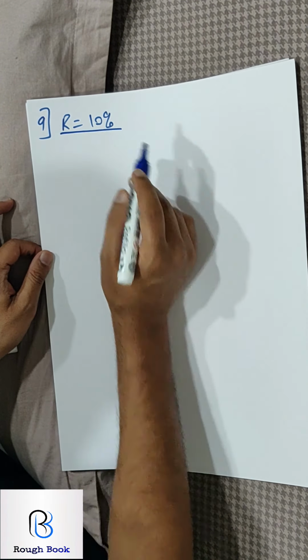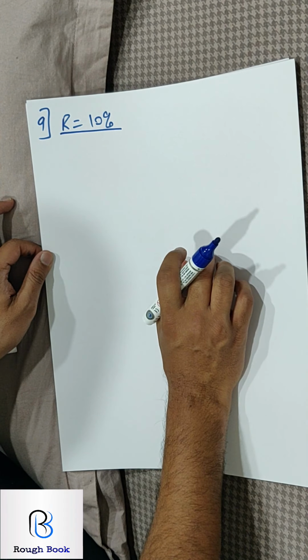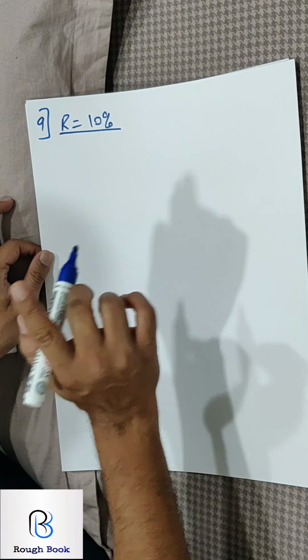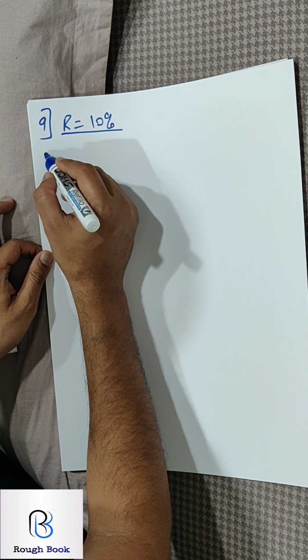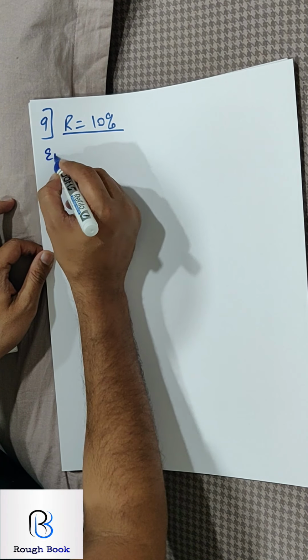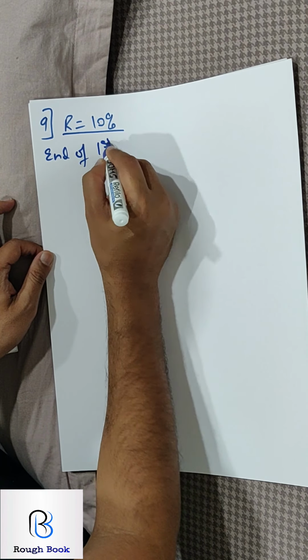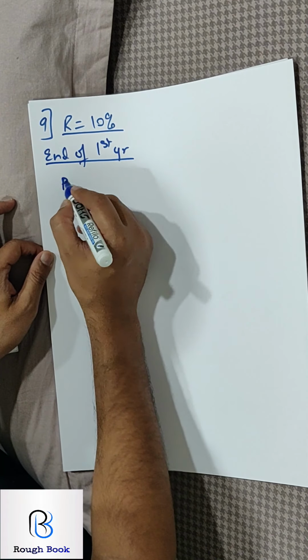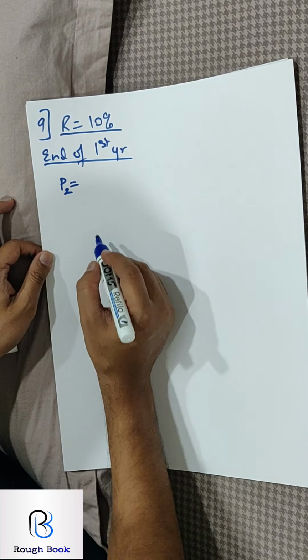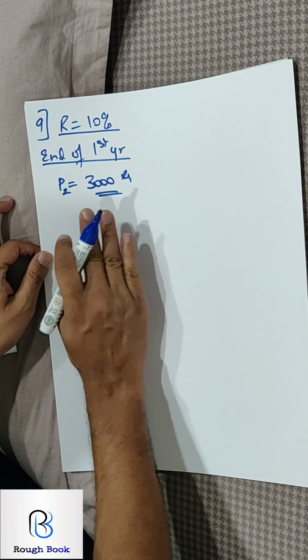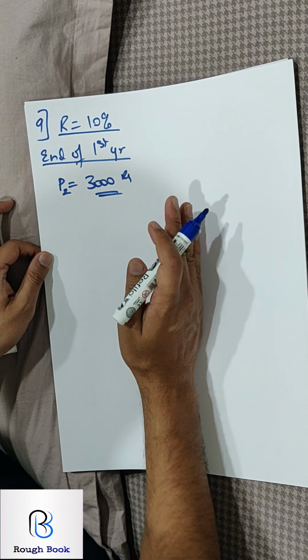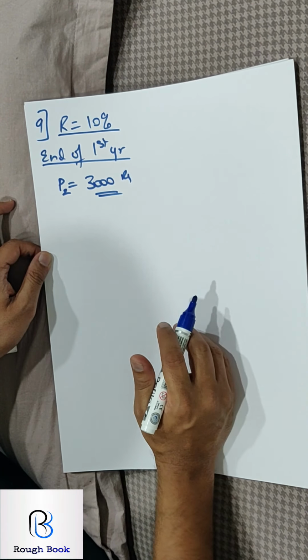Okay. So at the end of first year, what will happen? I will not calculate interest in the first year because first year he is still saving it. So I will write over here end of first year. I will just get my principal for the second year, which will be rupees 3,000, because now he has saved at the end of the first year and he is going to invest it in the second year.